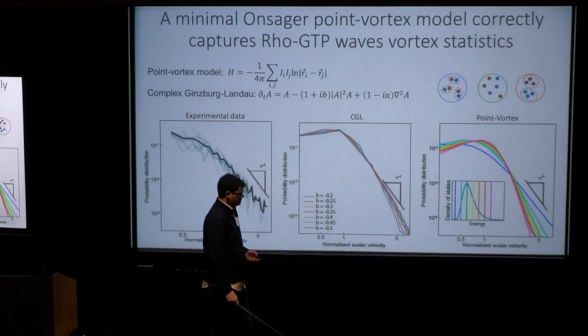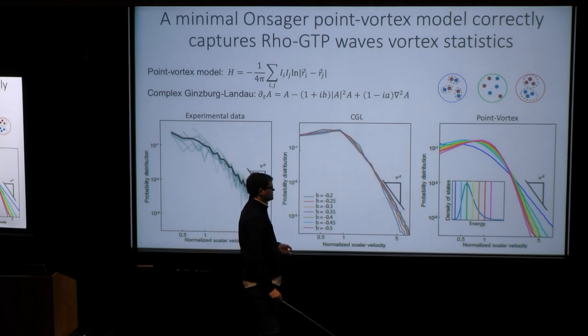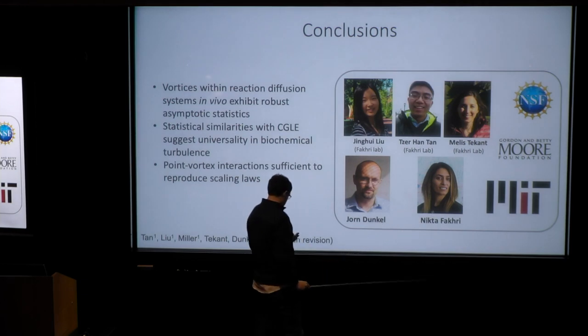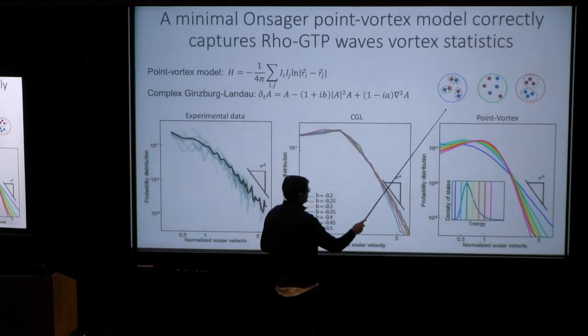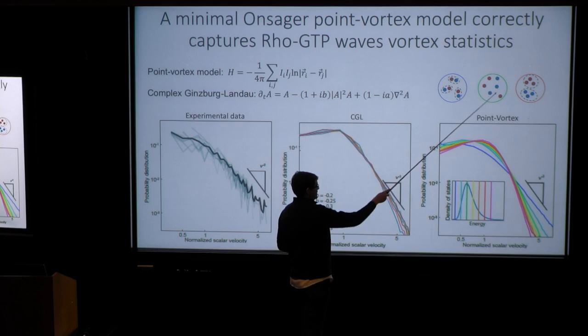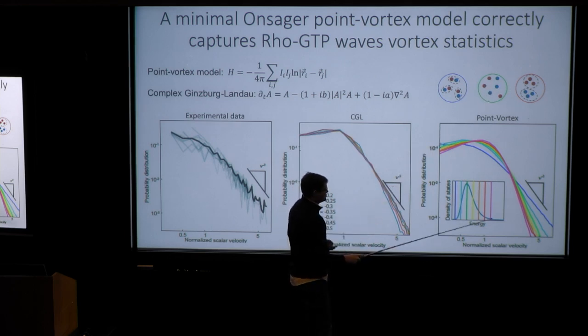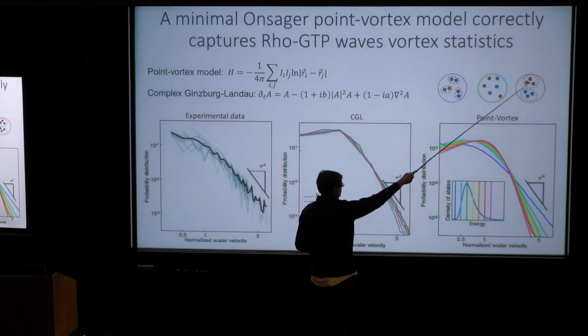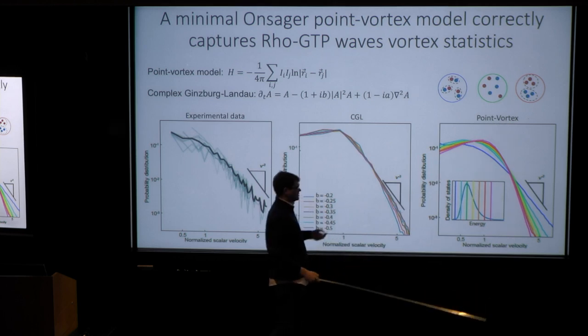Now, I think a lot of you are probably familiar with the point vortex model, but just as a quick refresher, it's got an interesting feature where there's this transition between, in the low energy regime, pairwise interactions, transitioning to effectively independent particles. And then the high energy regime goes into these phase separations where all the like particles of one sign clump and all the ones of the opposite sign clump together in a separate cluster.